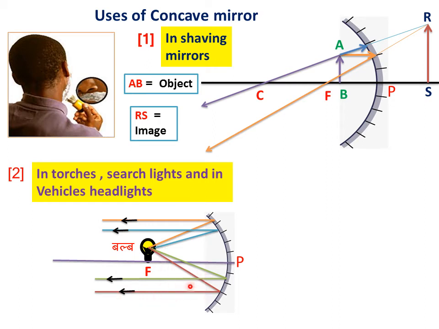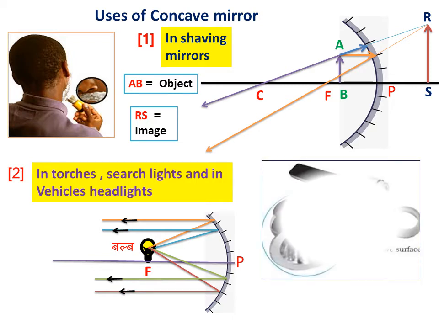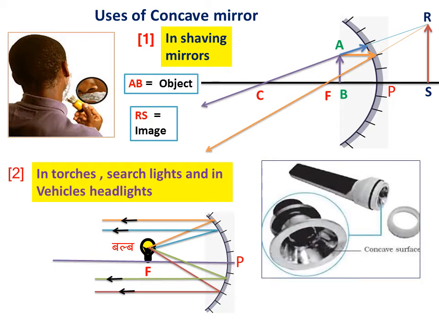After reflection they will go back parallel to the principal axis, and this phenomenon is used in torches, searchlights and in vehicle headlights. So what we have learned? Concave mirrors are used as reflectors in headlights of cars, railway engines, torchlights.